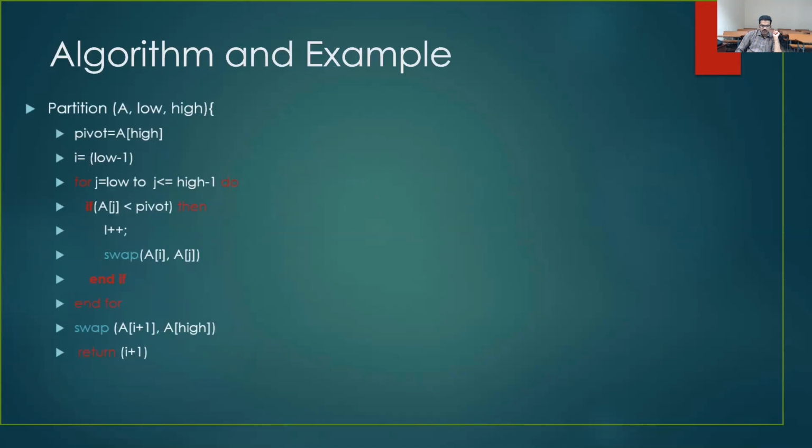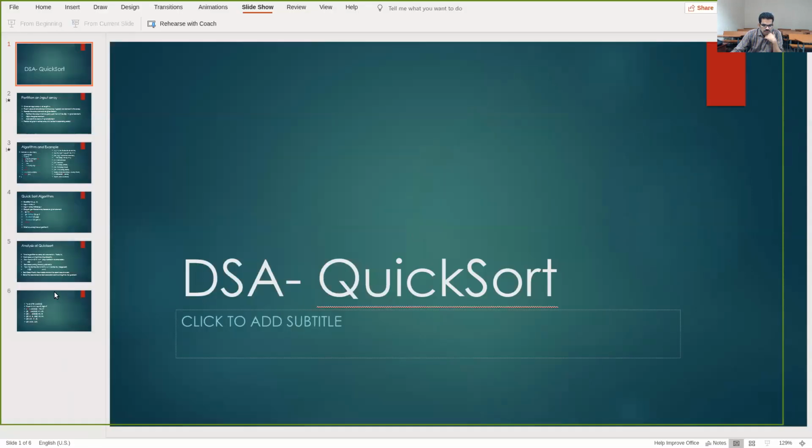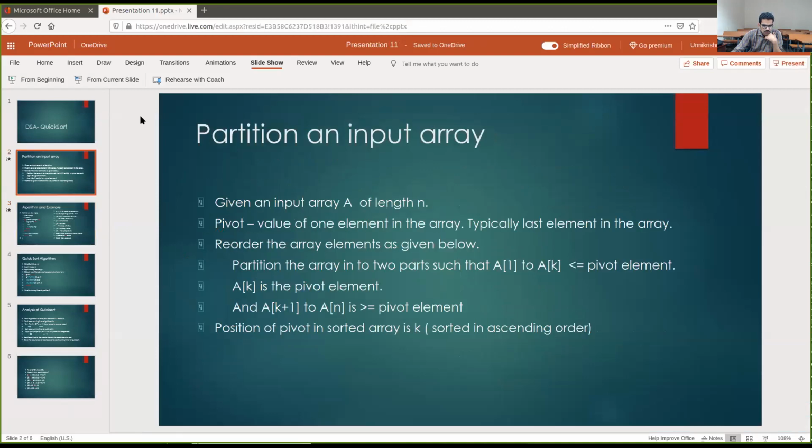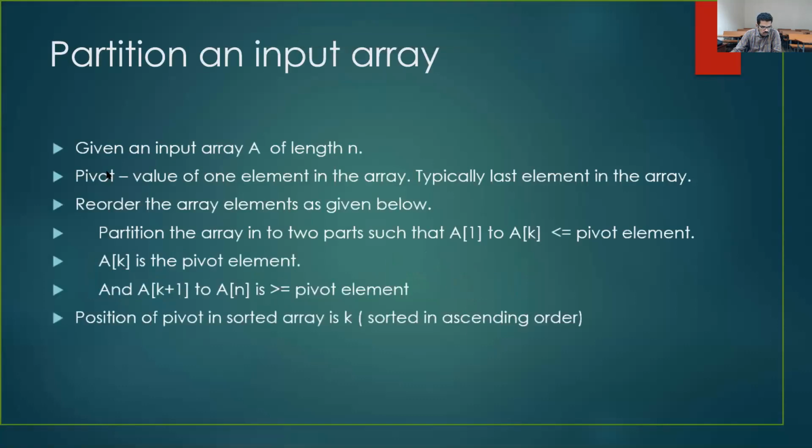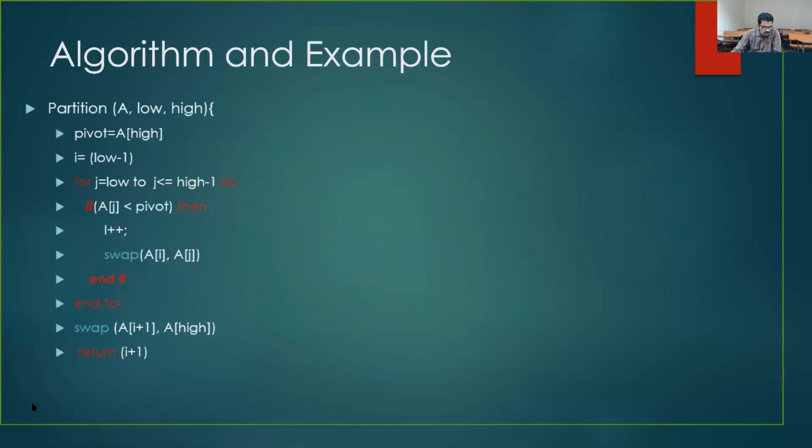This is the partitioning algorithm. We assume the array index starts from 0 to n minus 1 in this example. So the pivot is A of high, which is at index n minus 1.